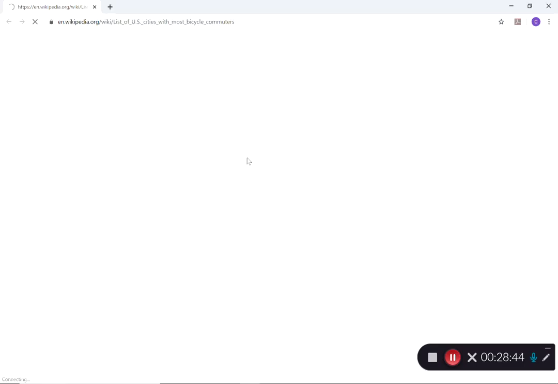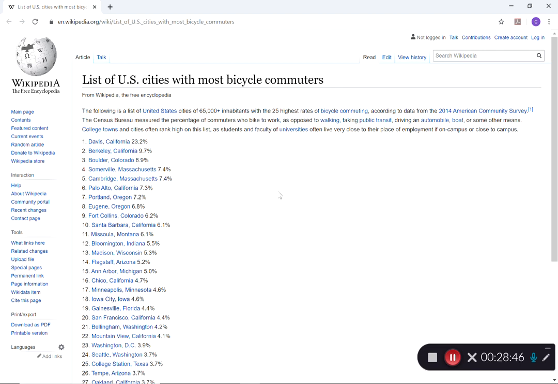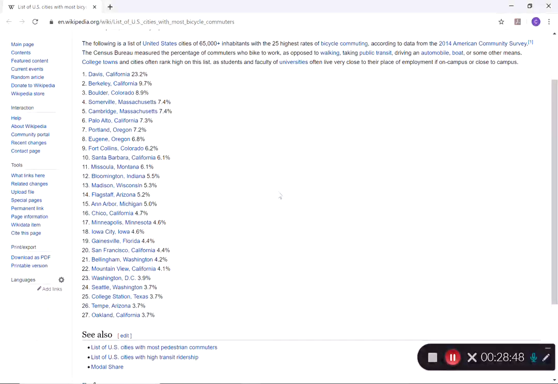And so if you look at the cities here with the highest level of bicycling commuters, Davis, California, Berkeley, California, Boulder, Colorado, Somerville, Massachusetts, Cambridge, Massachusetts, those are all big college towns, right? So UC Davis, UC Berkeley, Boulder's got UC Boulder, a bunch of socialist hippies there.